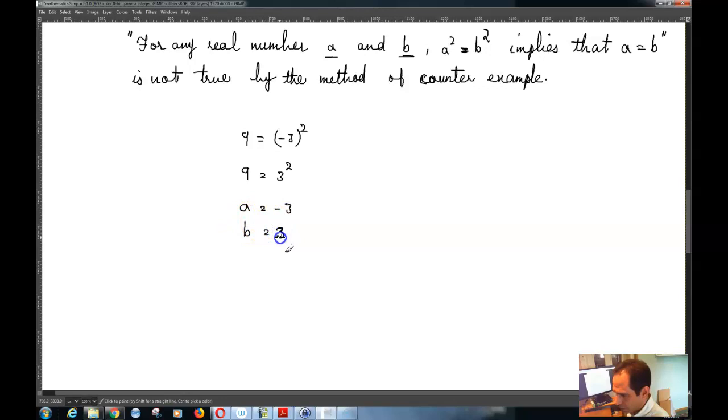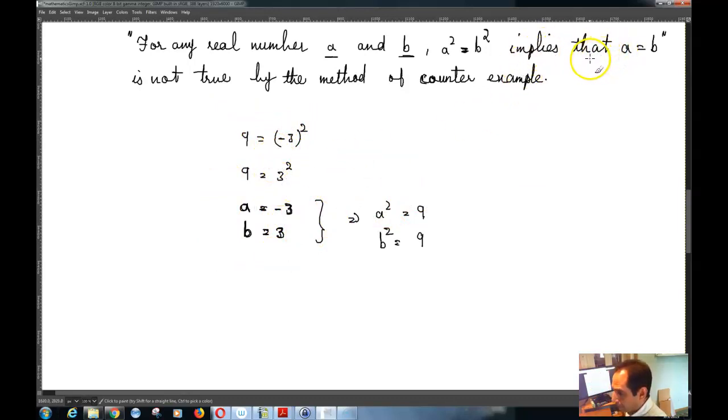Then a squared is equal to 9 and b squared is equal to 9, so a squared is equal to b squared, but a is actually not equal to b. a is negative 3 and b is positive 3. So this is one counter example that you can provide here.